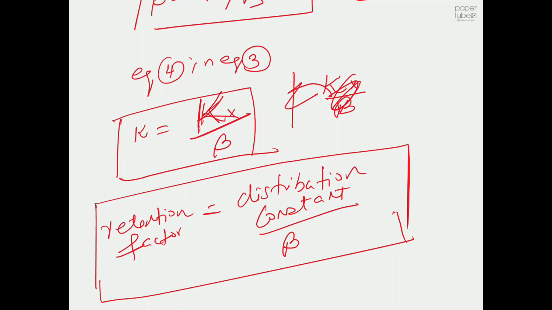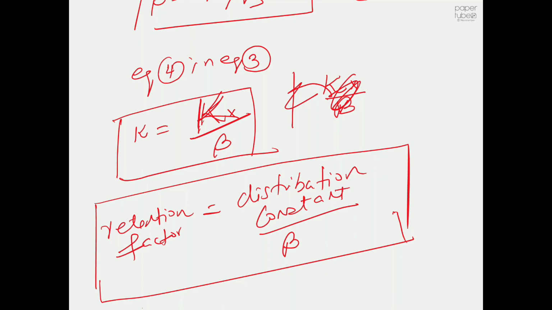I hope you all are fine up to this point. We know what the retention factor is. We also learned what the equilibrium constant is. We know the different types of time and their units. And now we related the retention factor with the distribution coefficient.